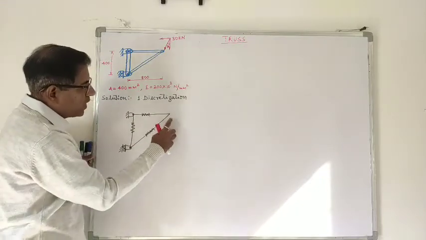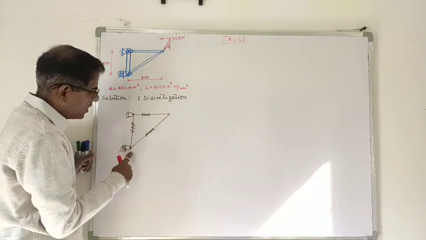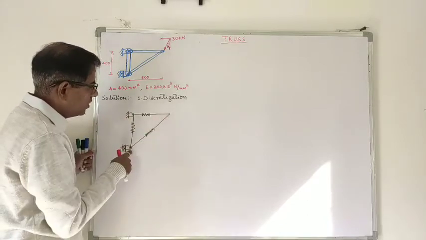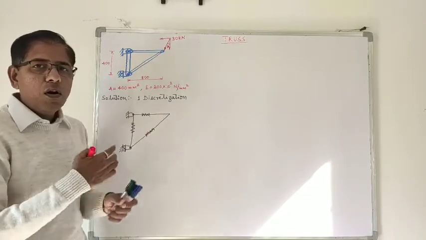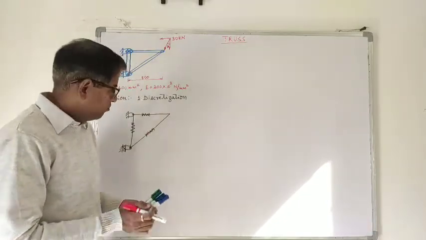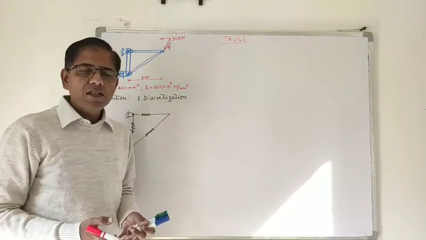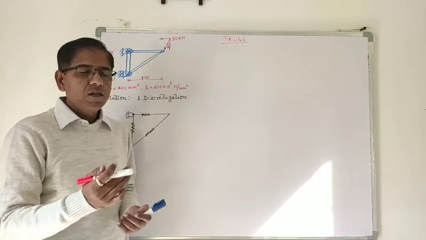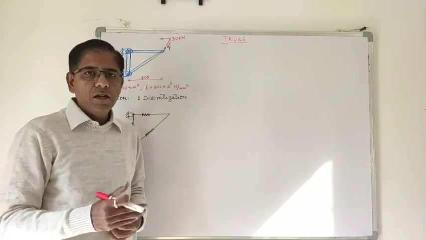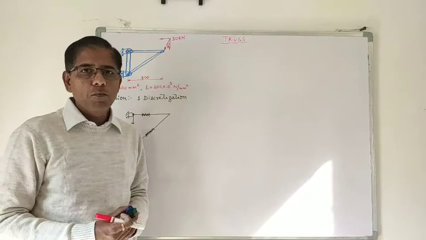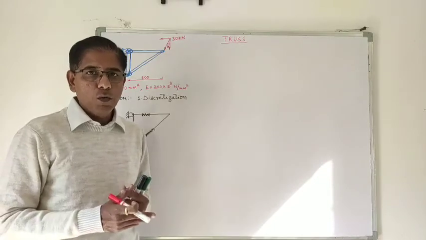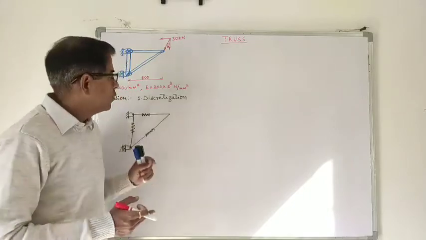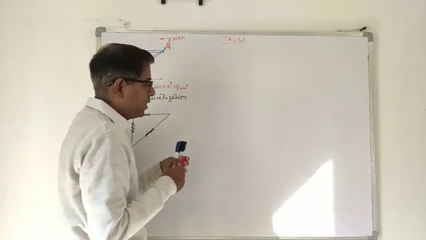Now you can consider this as 1, this as 2, this as 3, or any other order. You can consider any vertices of a triangle as any node, but always follow a certain pattern in giving the node numbers. Generally, what I follow, I always start with the bottom left point, whatever may be the truss problem.